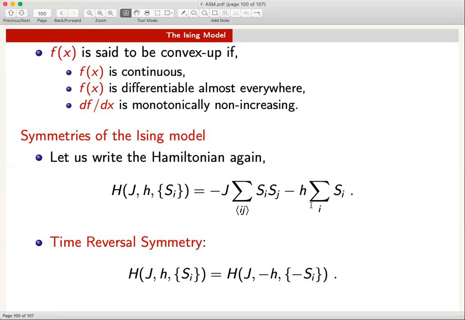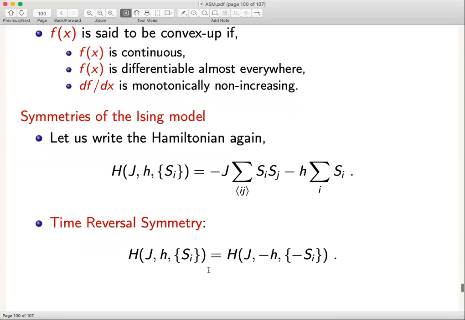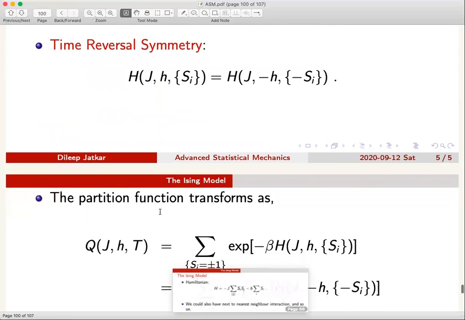So if s_i flips sign and h flips sign, then the Hamiltonian is invariant under that. That is what is called the time reversal symmetry. H is a function of J, h and s_i, and if you take h to minus h and s to minus s, the Hamiltonian is invariant.